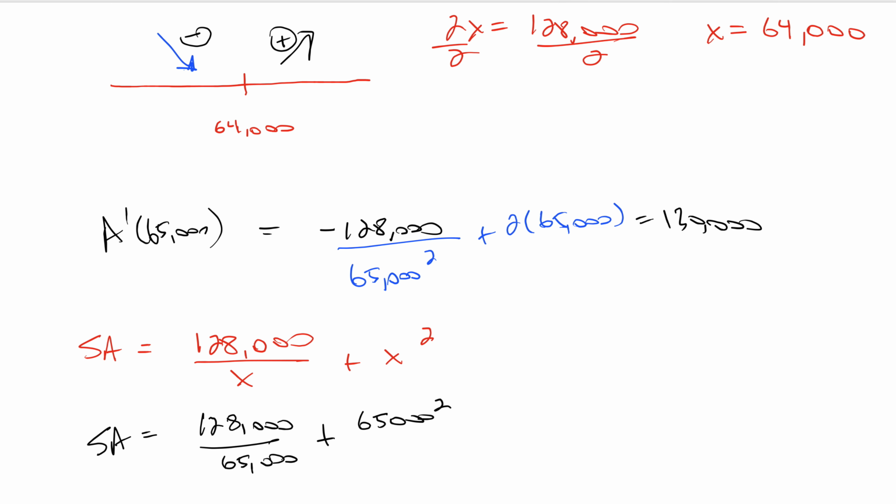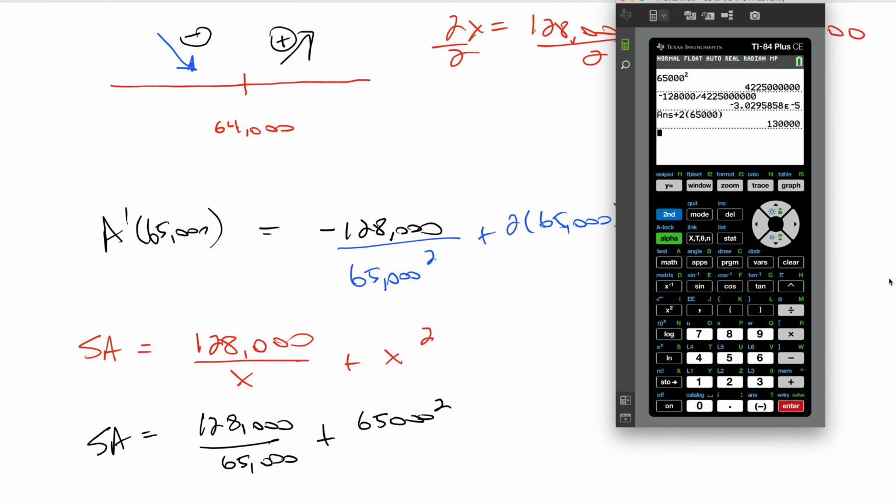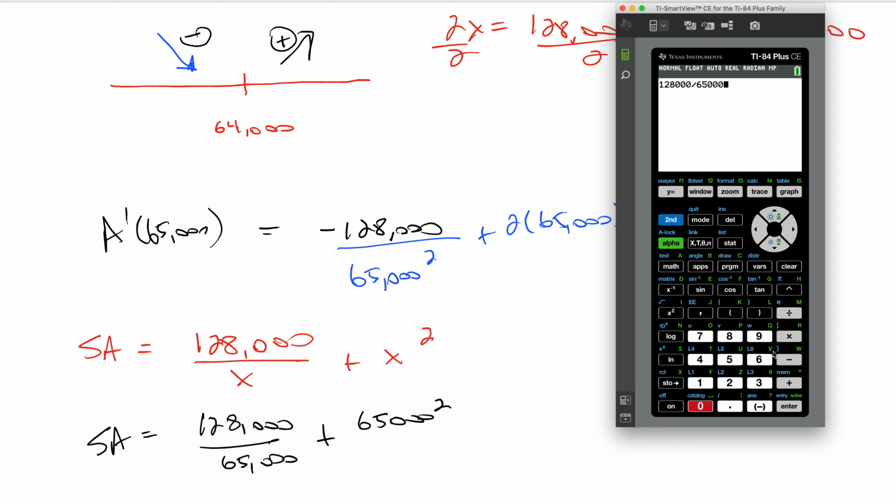Okay, so then we have 128,000 divided by 65,000 plus 65,000 to the power of 2.